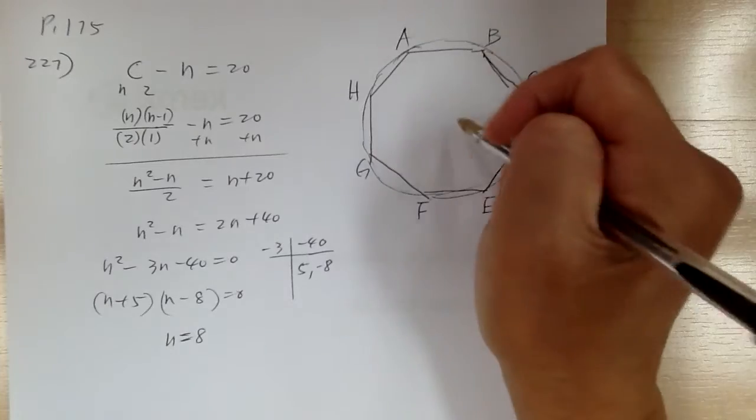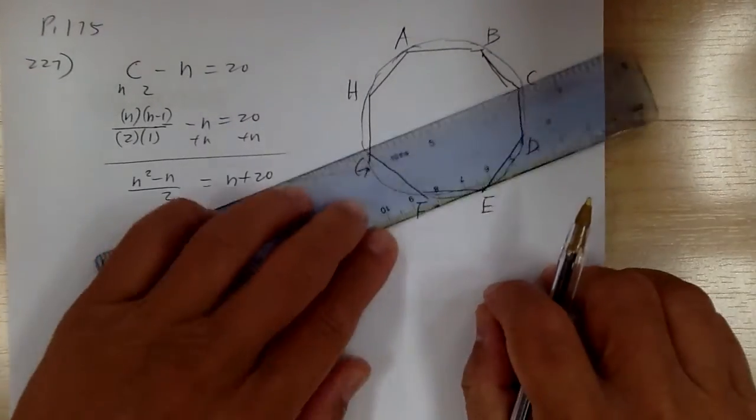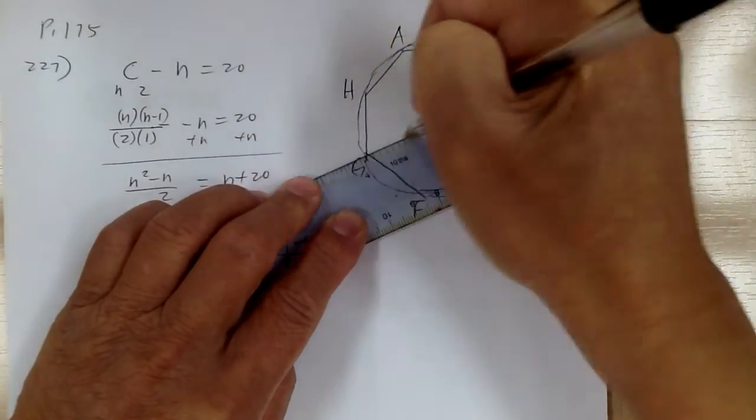To find the area of the circle, we need to find the radius. So let's draw these.